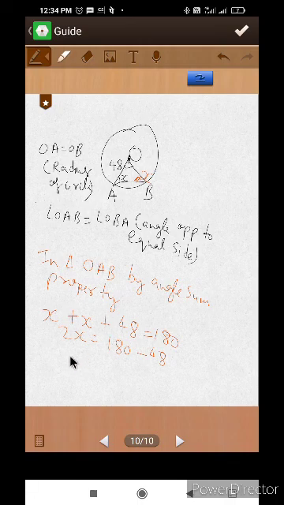So x will be equal to 132 upon 2, that is 66 degrees. So the value of x is 66 degree. Hope that is clear to everyone. Okay, next part.